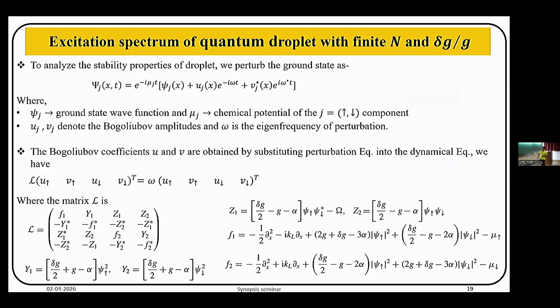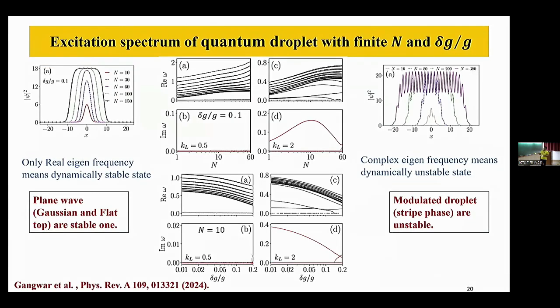For that, we have performed this Bogoliubov-de Gennes analysis, which is just a small plane wave perturbation that we give to the ground state, where U represents the perturbation amplitude for the right moving plane wave, and V represents the amplitude for the left moving plane wave. As we do that, we get an eigenvalue problem, and then we try to find the eigenenergies of this Bogoliubov matrix.